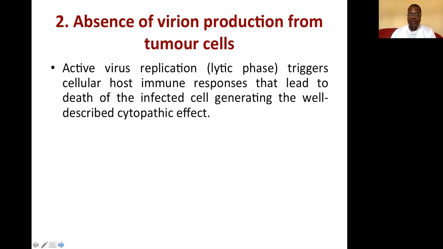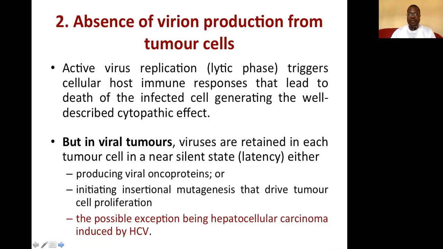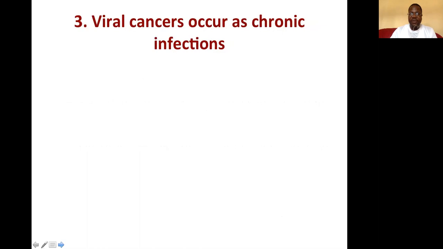But when the patient develops a cancer, viruses are trapped in the tumor cells, and they remain silent. That's what we call the latency phase. The only way we can see that those viruses are associated with the tumor is that they produce specific proteins that we can measure in the blood, which we call viral oncoproteins. So that's factor number 2.